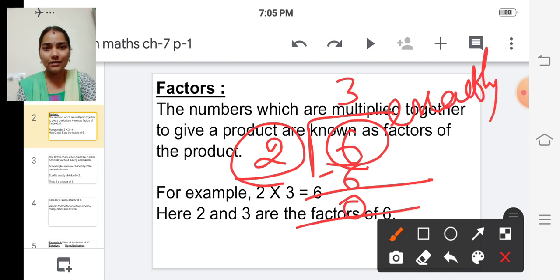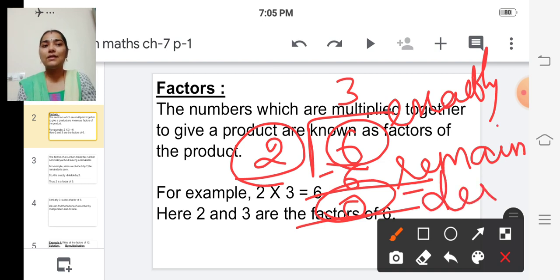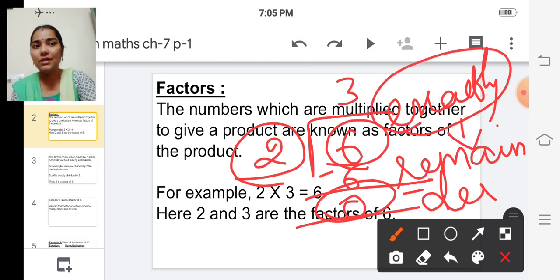So the factors of a number divide the number exactly. That means it leaves 0 as the remainder. Exactly means it leaves 0 as the remainder.